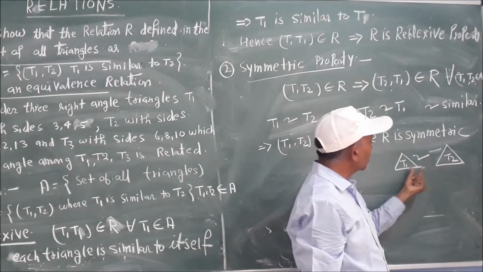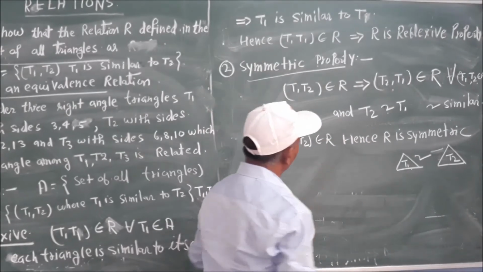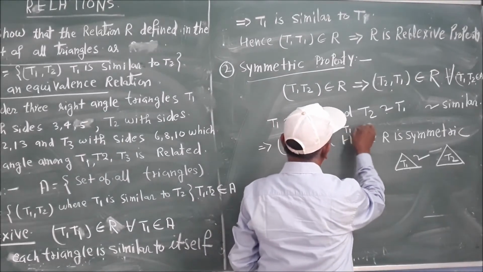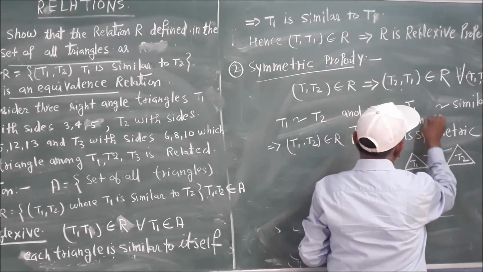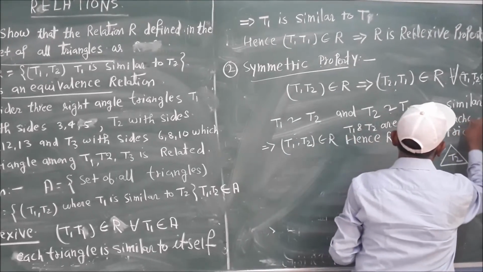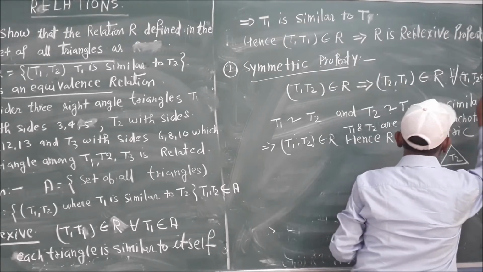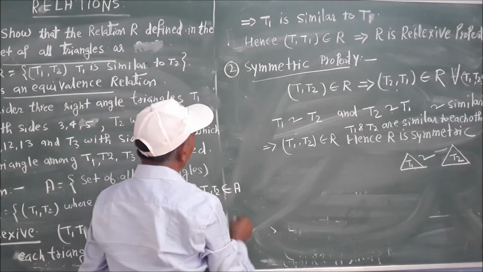That means both are similar to each other. So (T1, T2) belongs to R means T1 and T2 are similar to each other, so this follows the symmetric property.